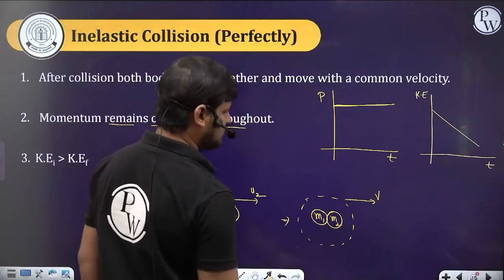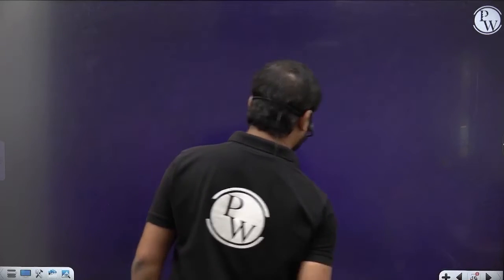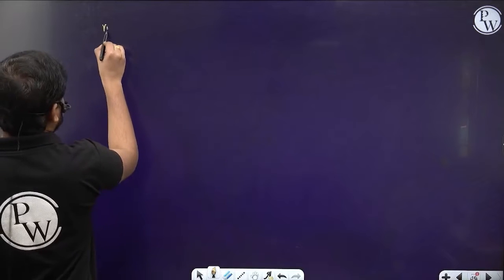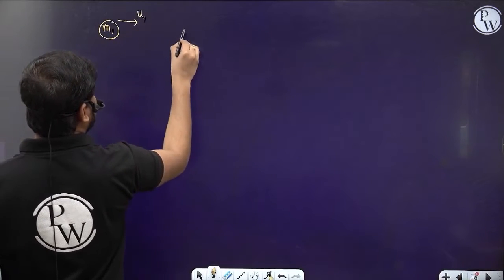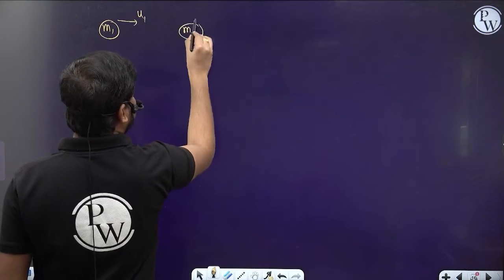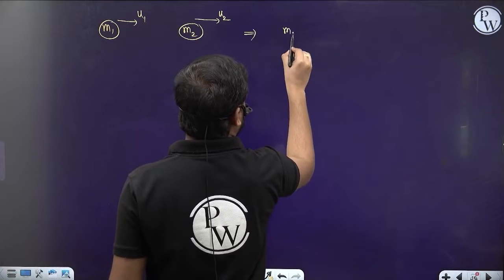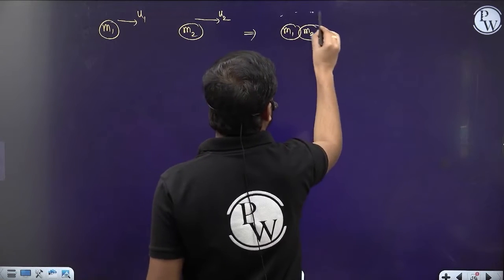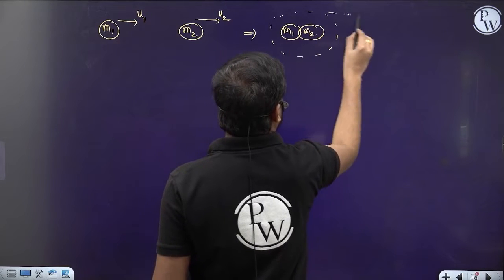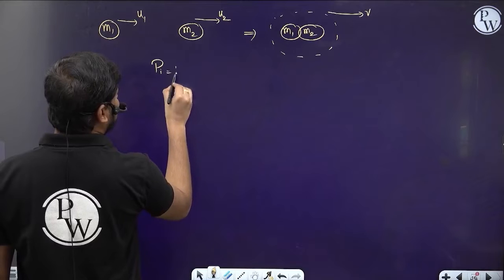Let's write it in the next slide. Is there any question? No. So in inelastic collision, what happens? Let's suppose this is a mass M1 moving with U1 velocity and mass M2 moving with U2 velocity, and after the inelastic collision, they both stick together and move with some common velocity V. The initial momentum will be equal to the final momentum.